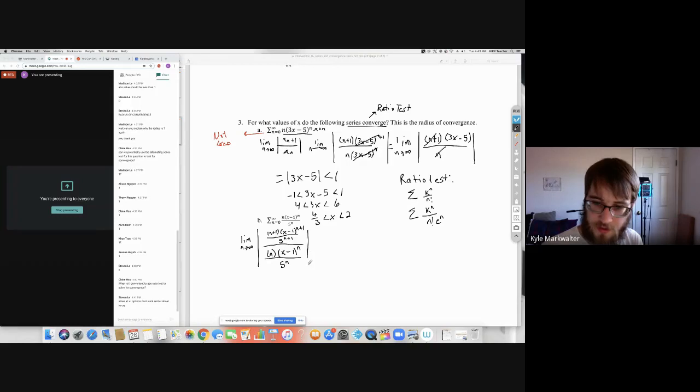Notice our initial sequence this time is a fraction, so you end up with a fraction over a fraction. We're dividing by a fraction, same thing as multiplying it by its reciprocal.